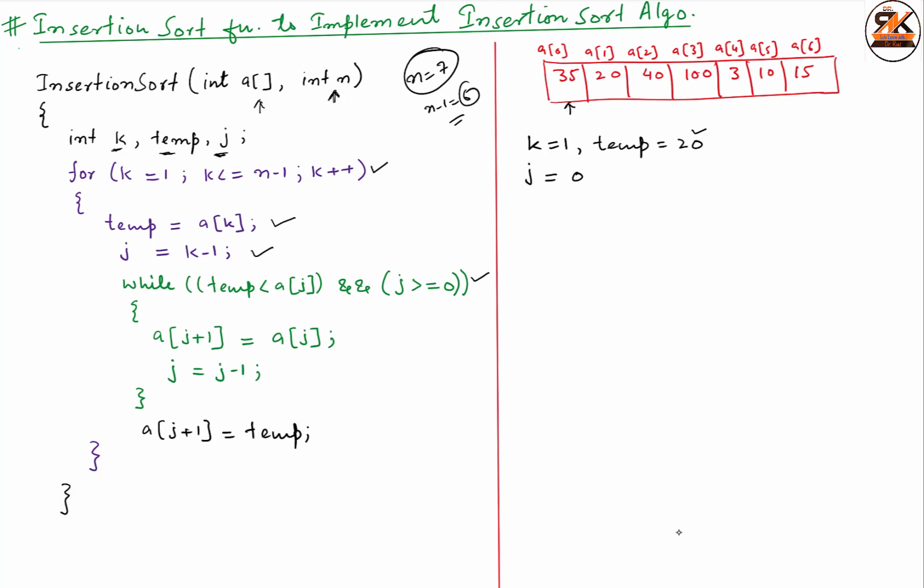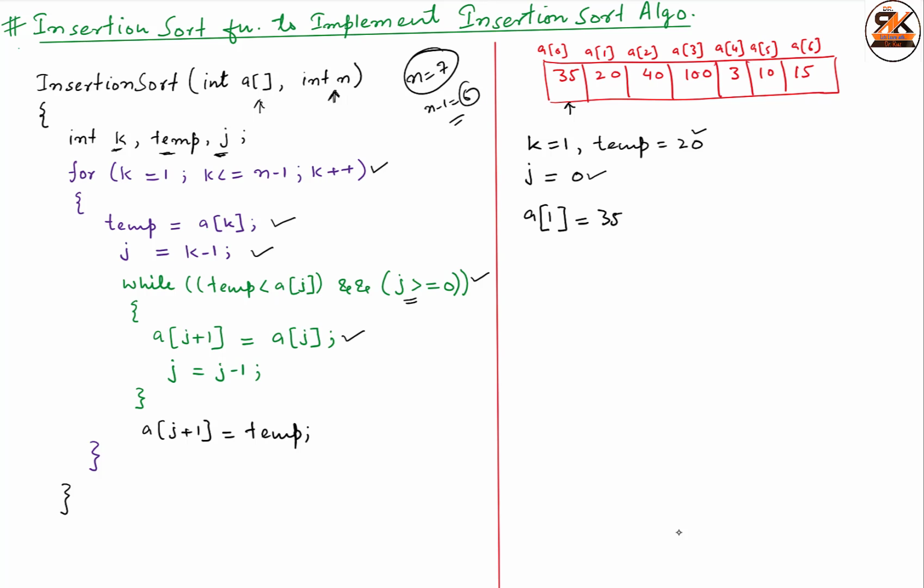Also, j is greater than or equal to 0, yes, it is again true. So then this line will get executed. A of j plus 1, j is 0, 0 plus 1 means 1. A of 1 is equal to a of 0, a of 0 means 35.